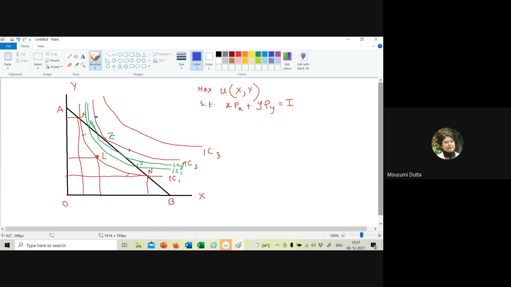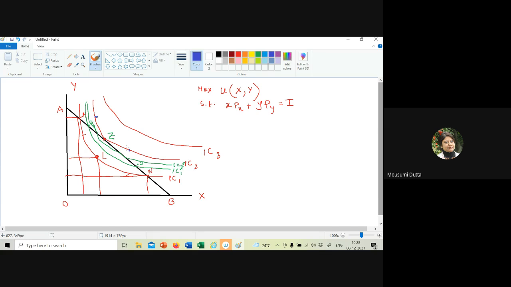A point, and only the point Z along IC2, is affordable for the consumer because it is lying on the budget line. Given that I have to maximize my utility subject to the income constraint, I will not only select IC2 but also select the point Z where finally I will consume.